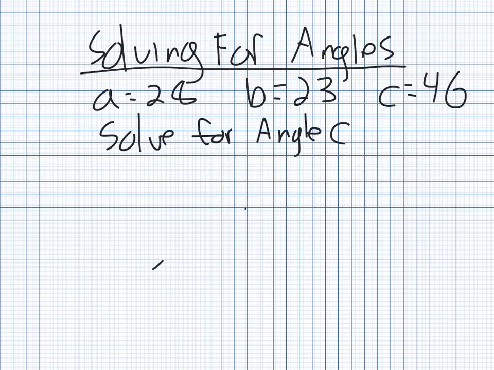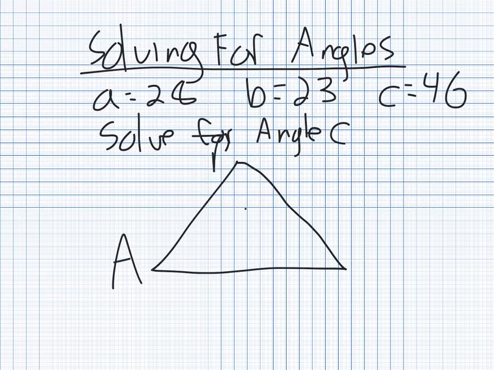So I'm just going to do this. I'll draw it like that, and let's just make it A, B, and C, and so those are the angles. They're always big letters, and remember that the sides are always opposite. So side C is opposite angle C, so side C is 46.